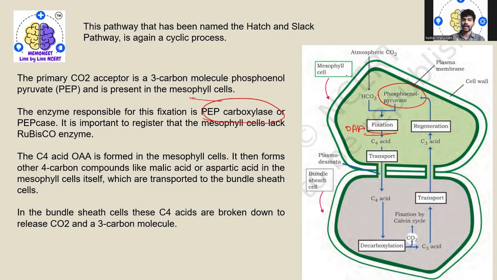It then forms other four carbon compounds like malic acid or aspartic acid in the mesophyll cell itself, which are transported to the bundle sheath cells. So once it is formed, it will be transferred. The C4 acid, that is OAA, is formed inside the mesophyll cells.